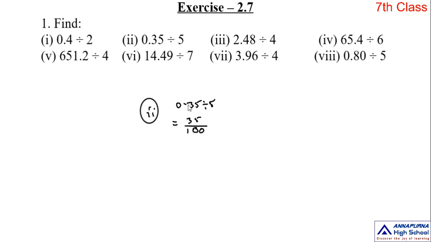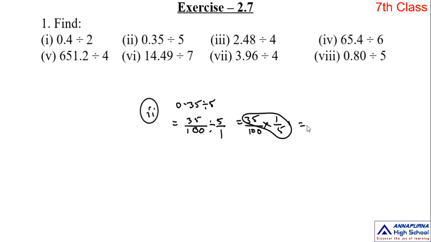As we know how to convert a decimal number to a fractional number, 35 by 100 divided by 5, where the denominator is 1, that is 5 by 1. Here we are dividing a fraction by another fraction, 5 by 1. Multiply the first fraction, 35 by 100, into the reciprocal of 5 by 1, which is 1 by 5. Now you divide these two.